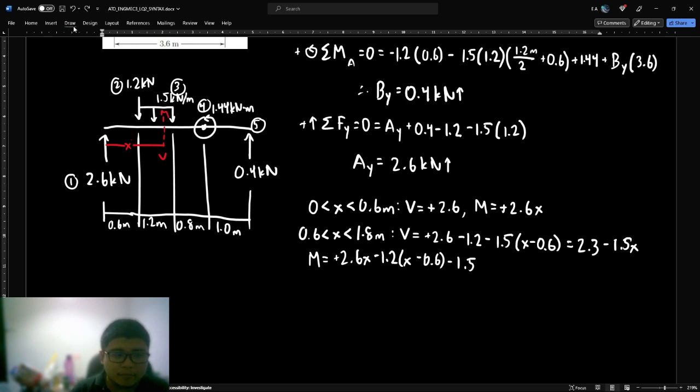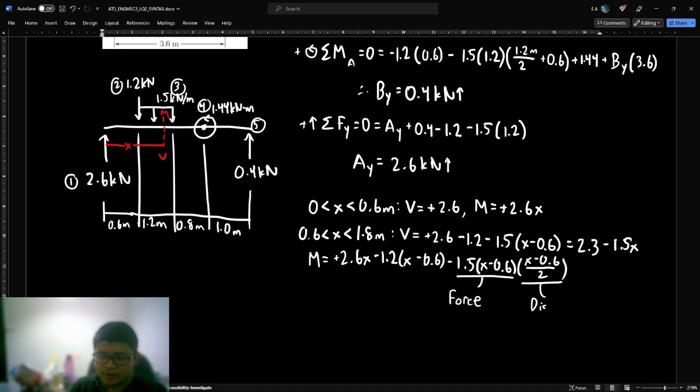Frowns will be considered negative here. So this would be the loading equation. Take note that this term would be the force, and this term will be your distance. Take note that the x minus 0.6 over 2 is the centroid of your uniformly distributed load.